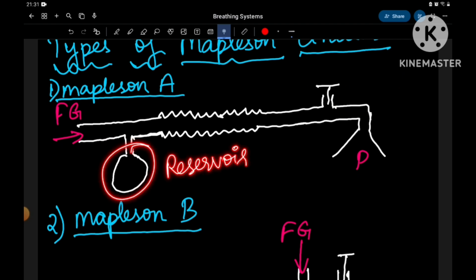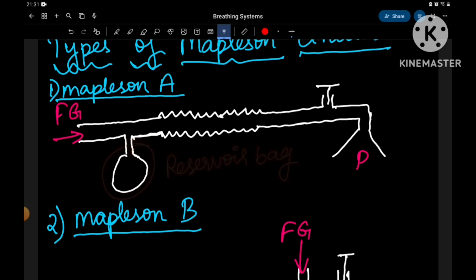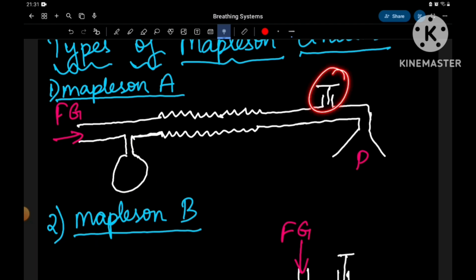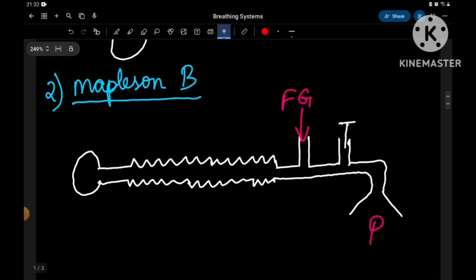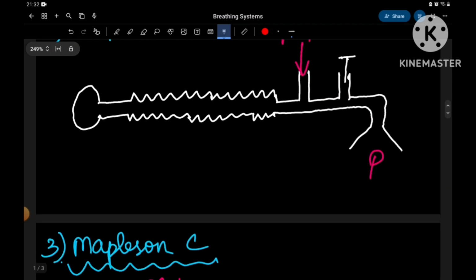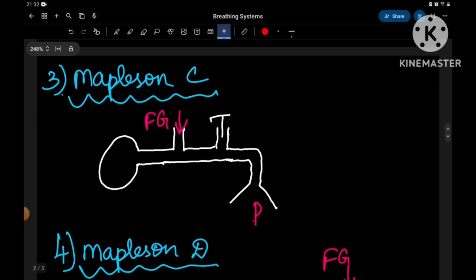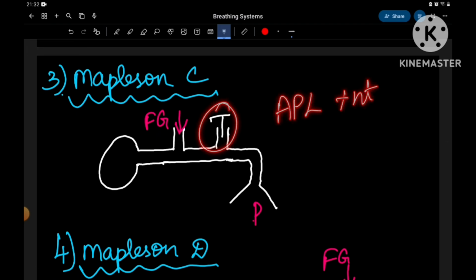See, in this MAPLESON A, rather I want to say that in A, B and C. See, A, this is B, MAPLESON B. Here also you can see that is just APL valve. And next in MAPLESON C, APL valve is present, right?